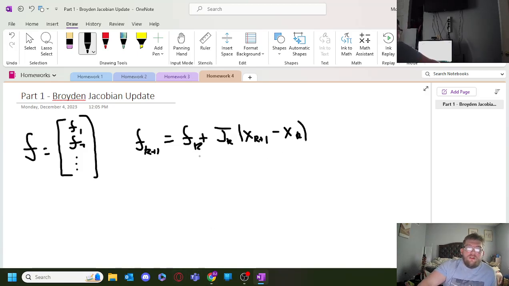Now, just like how we would do if we were using Newton's, we are going to pick our x sub k plus 1 such that this goes to 0.